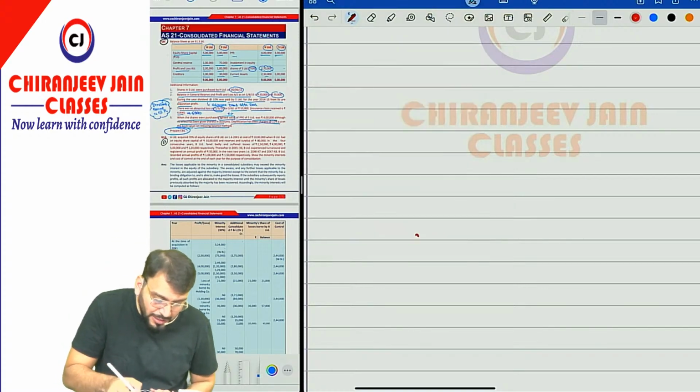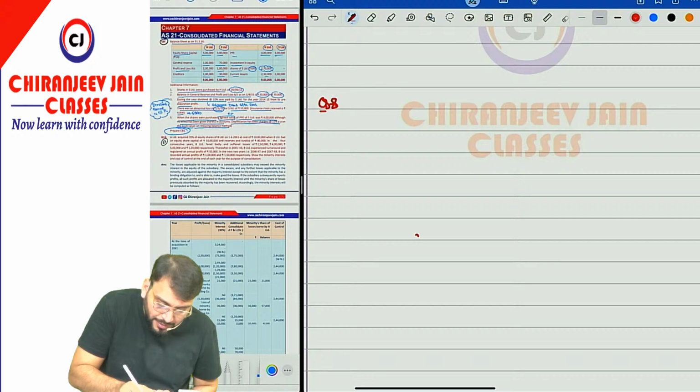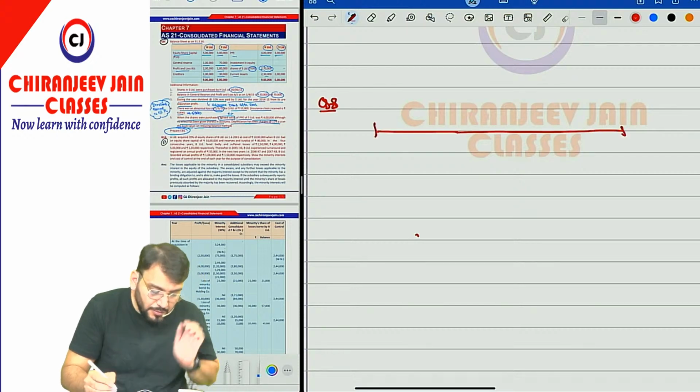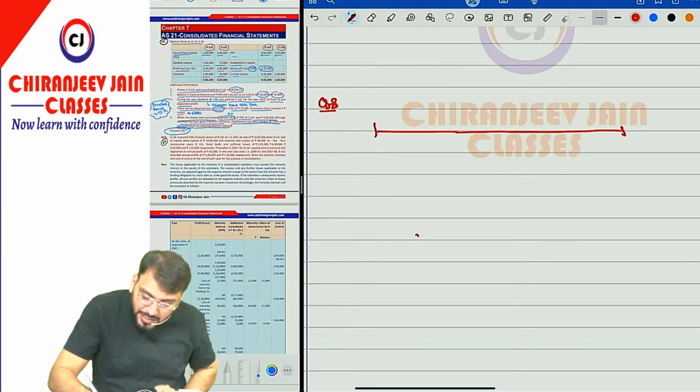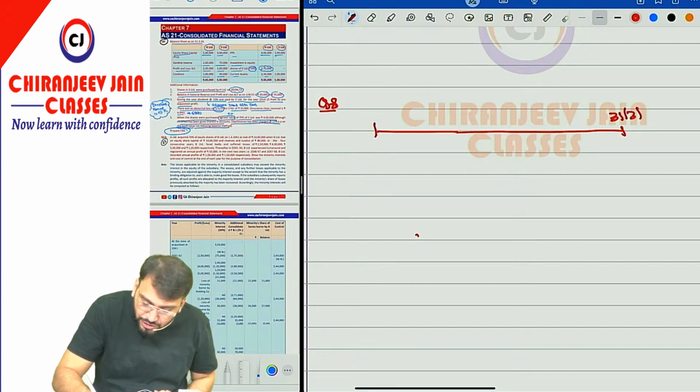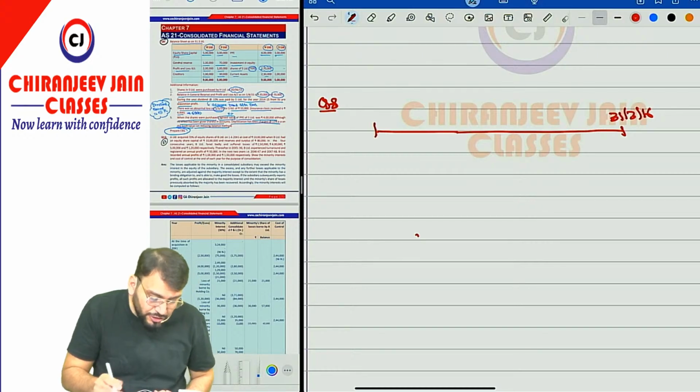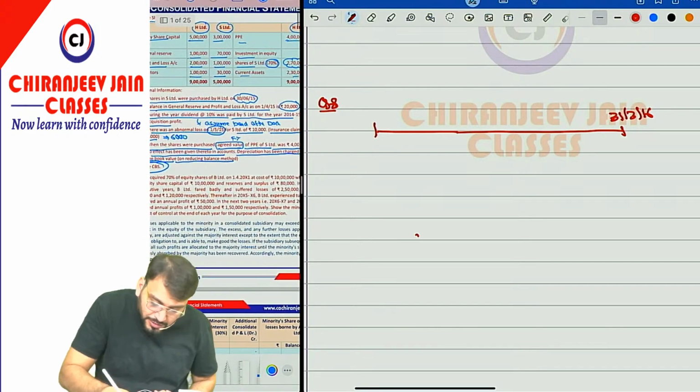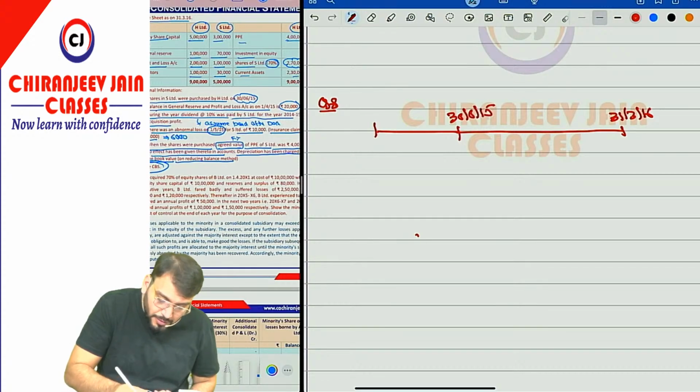Let me draw the timeline. First, question number 8 we are doing. The balance sheet date is 31st March 2016. Date of acquisition they have given as 30th June 2015, so the period begins from 1/4/2015.